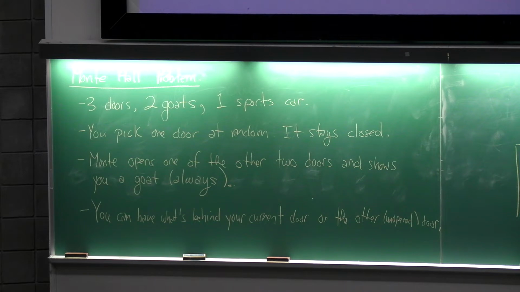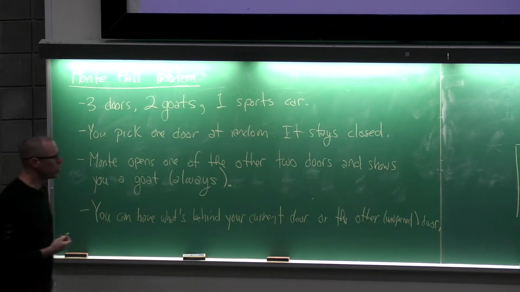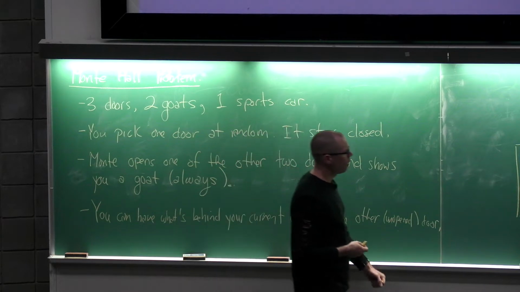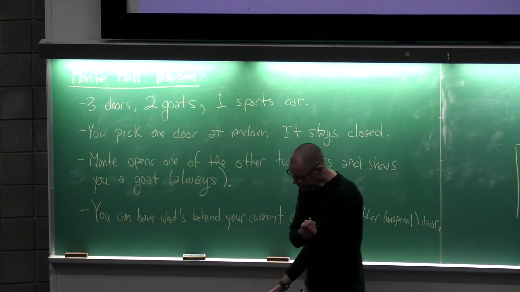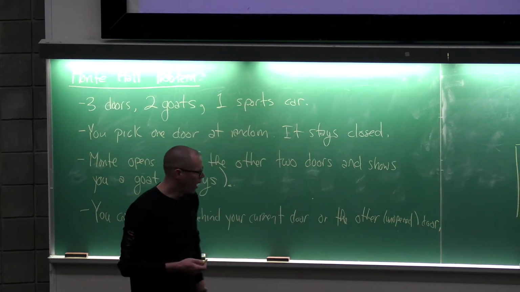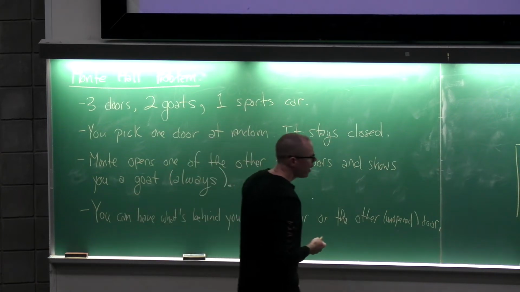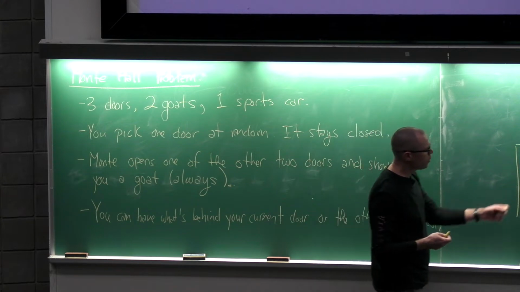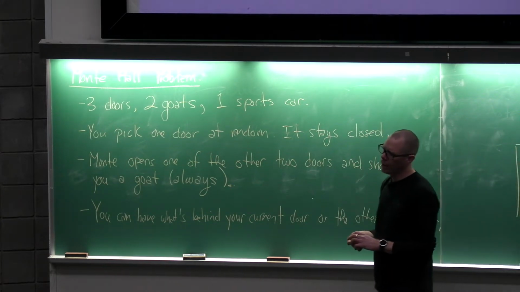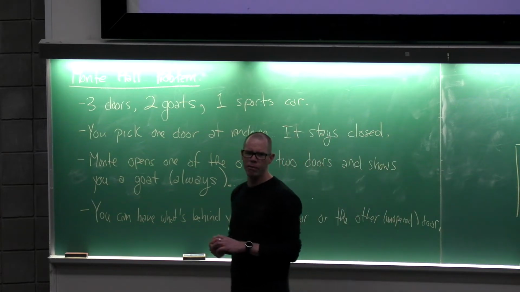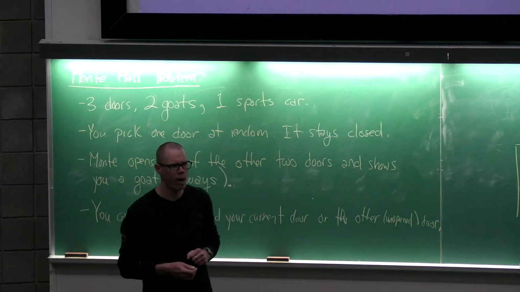At some point in the game, sort of like the grand finale, there are 3 doors, each opening into a different room. Behind 2 of these doors there are goats, and behind the other one is a fancy sports car, usually a red one.